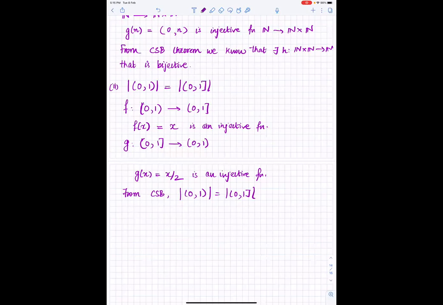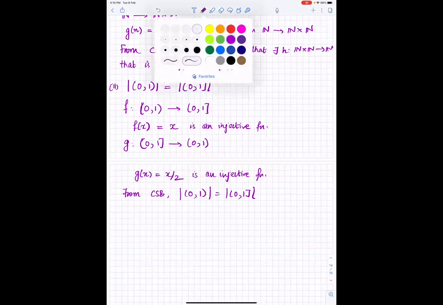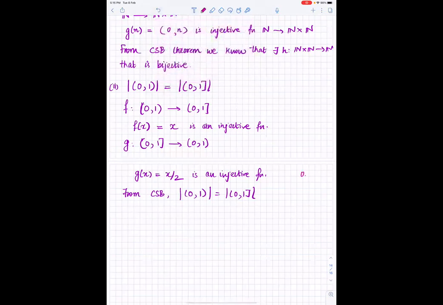So maybe we should try to construct the inverse of this. So then 0.6 would be 1.2, which is not in this interval. Correct. Sorry. So this is fine, this is a fine example to demonstrate.